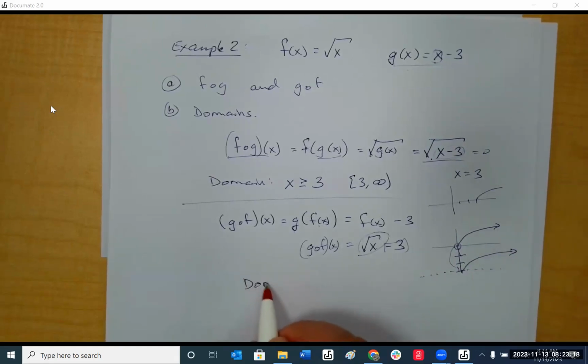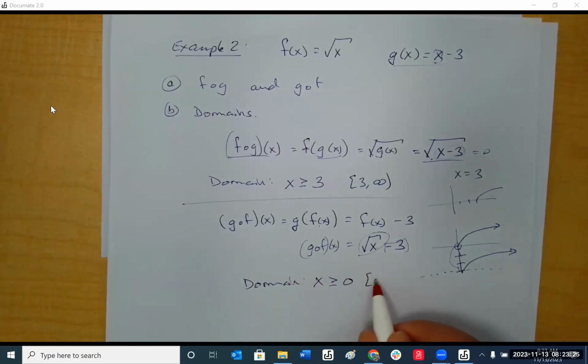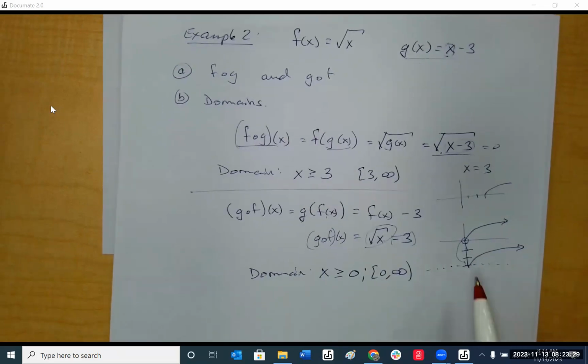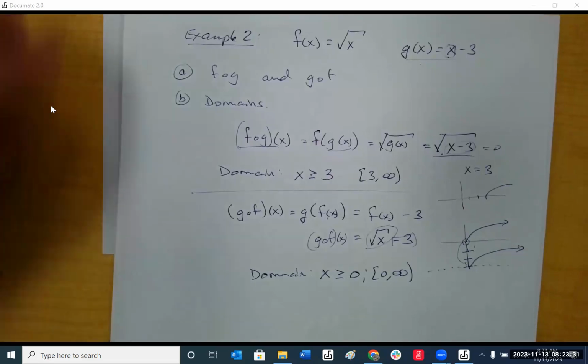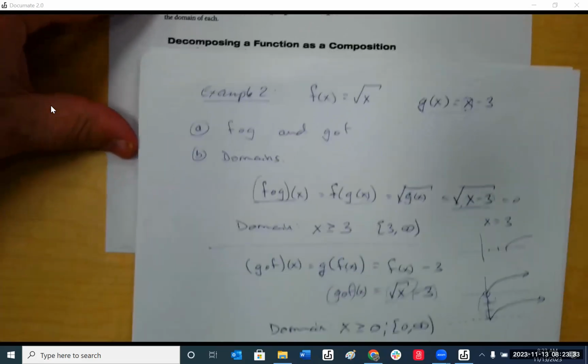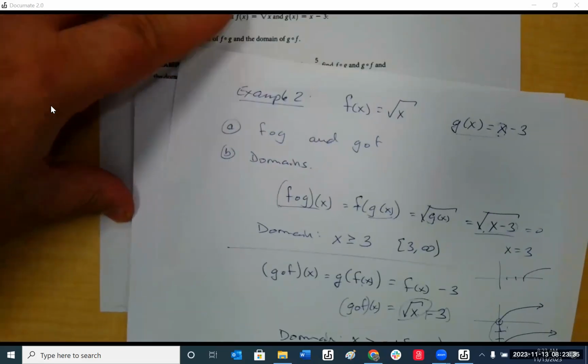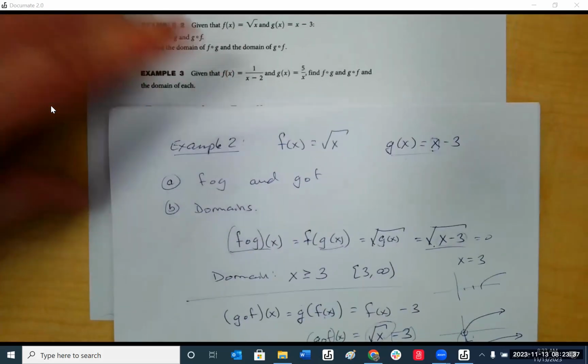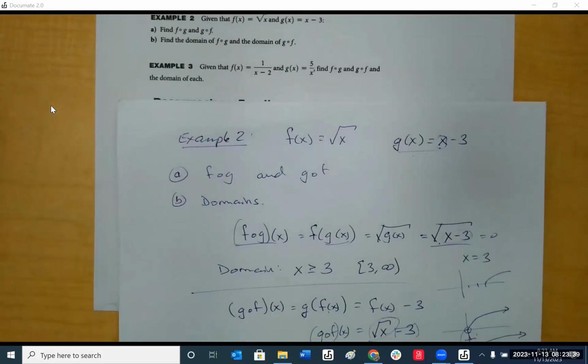So the domain is x is greater than or equal to 0, because all it did was a vertical shift. Again, the faster you memorize the charts, the library of functions, the easier all this stuff is.